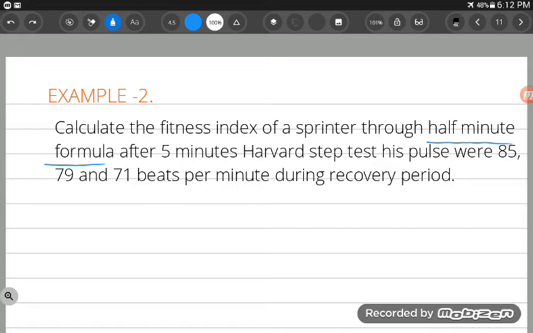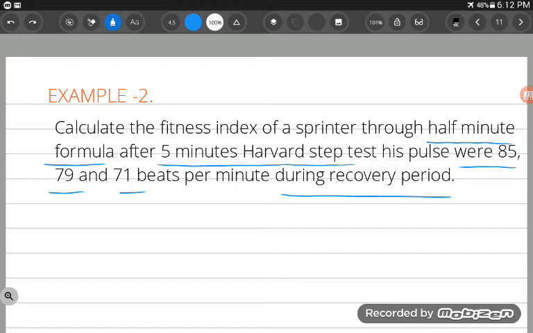The half minute formula is also known as the long term. After 5 minutes of Harvard step test, his pulses were 85, 79, 81 beats per minute during the recovery period. Children, everything you will get in your question. So which formula will you write here?